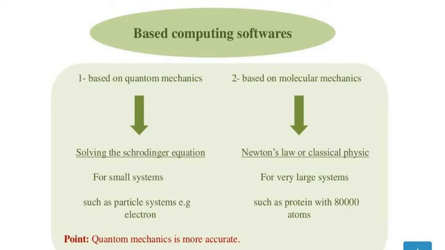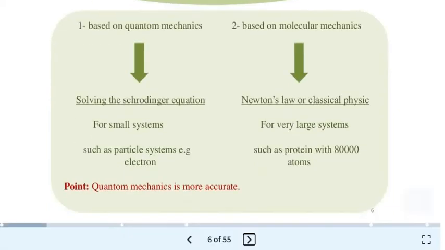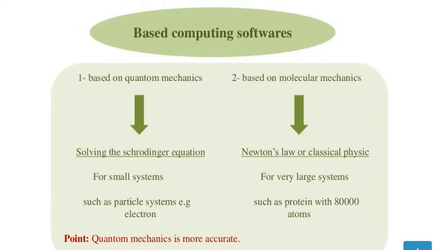Quantum mechanics is for small systems, and Newton's for very large systems, such as a protein with 80,000 atoms. So quantum mechanics is more accurate.